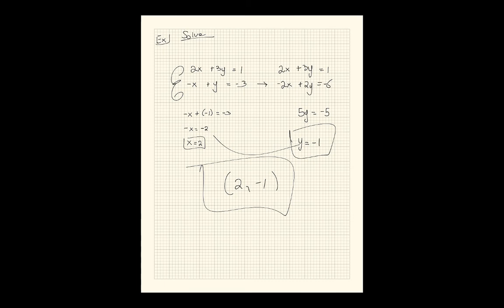Really only one other thing I want to touch on, and that's the cases of infinite solutions or no solutions. So if you recall, you're going to have infinite solutions when, again, remember what we're solving, this line and your second line are the same line.